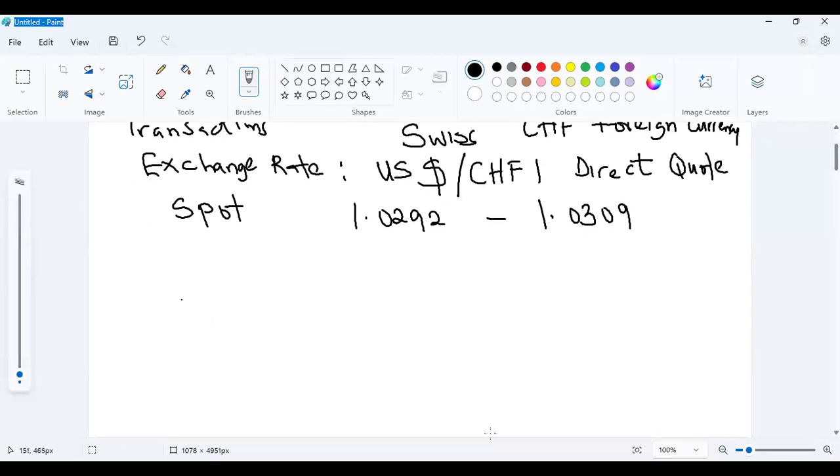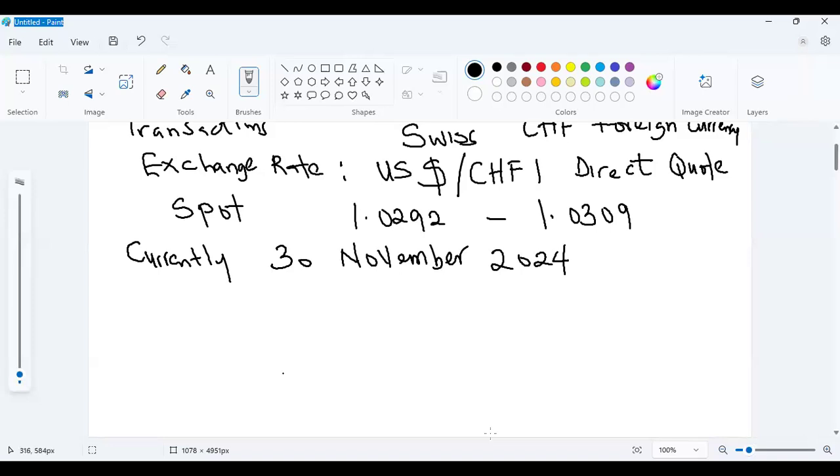Now we move forward. The examiner says currently, today is 30 November 2024.